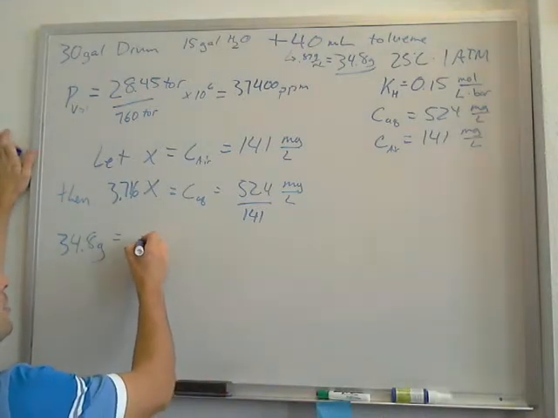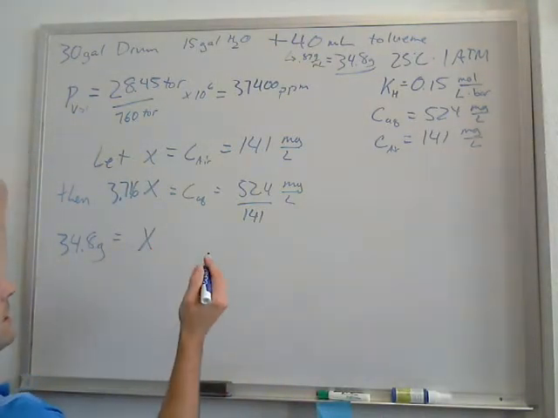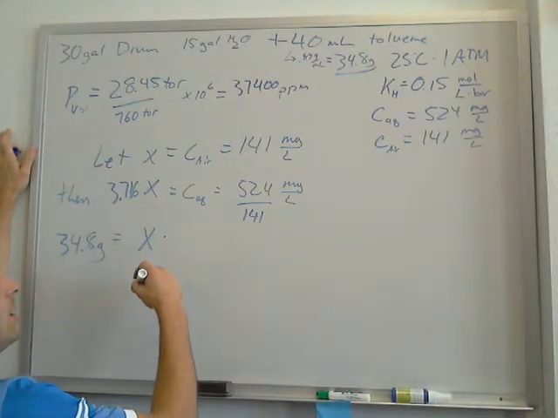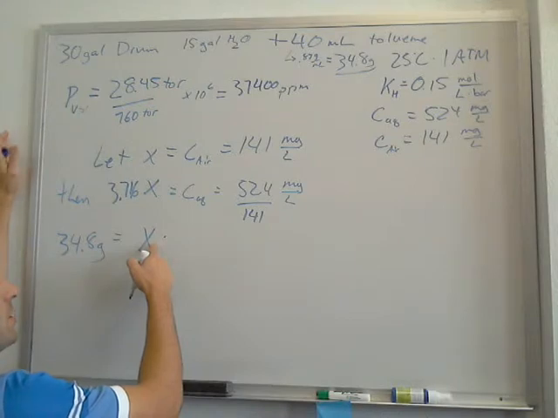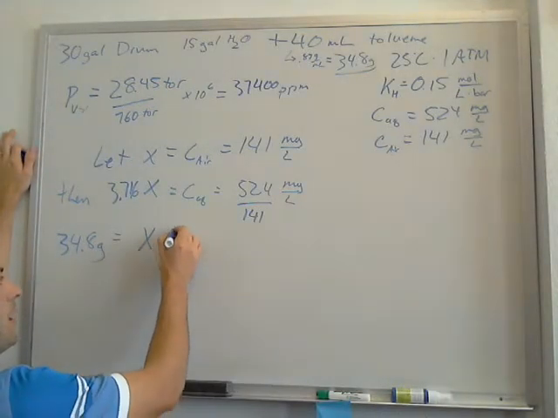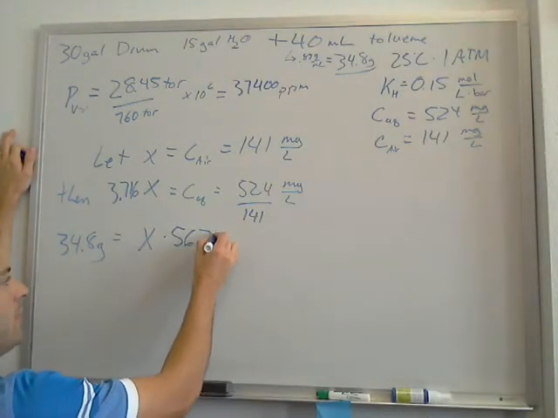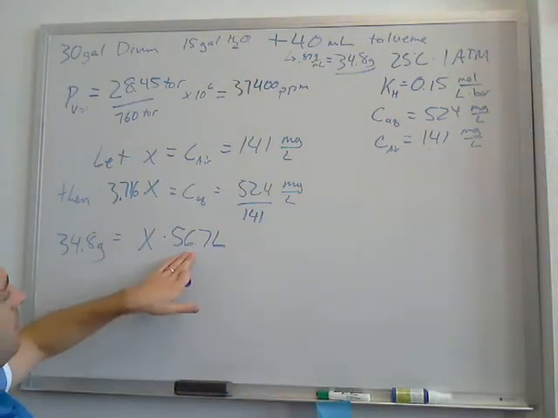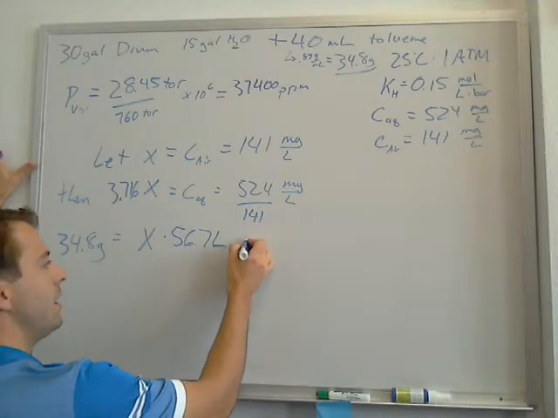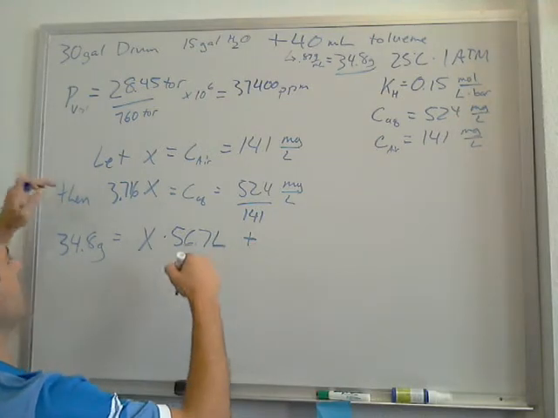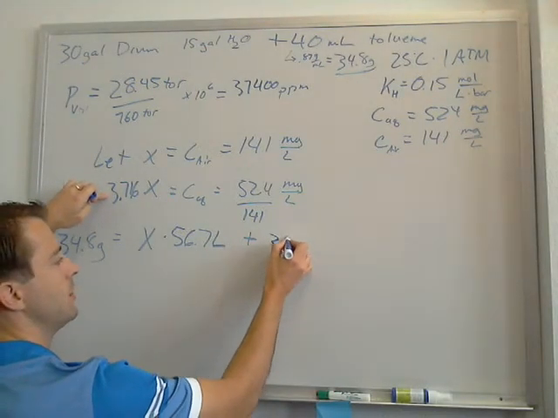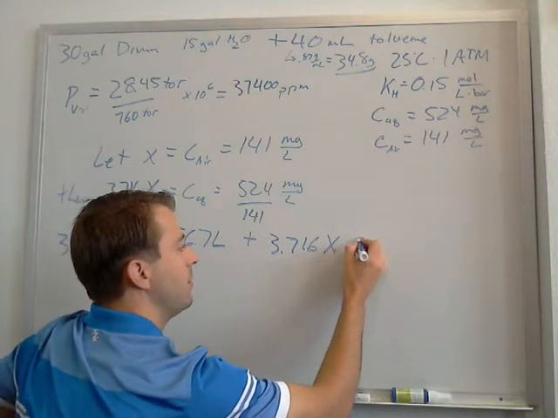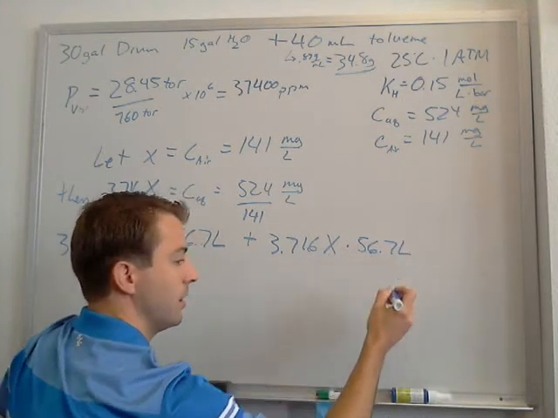So in the air, we will have X concentration, but we're looking for mass, so we multiply that by our volume. Remember, this is milligrams per liter, so we'll multiply that by our 56.7 liters, same thing as 15 gallons, in the air, and add that to the mass that's in the aqueous phase, which is 3.716 x multiplied by 56.7 liters.